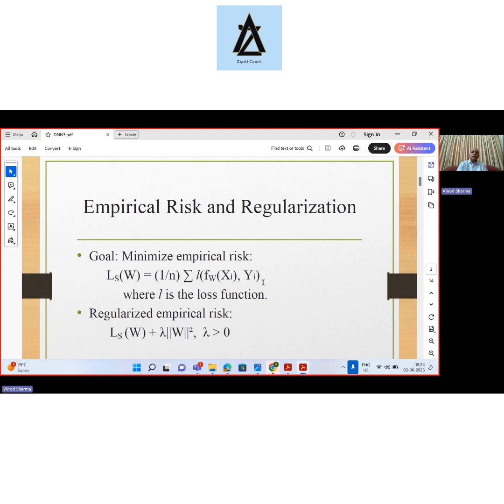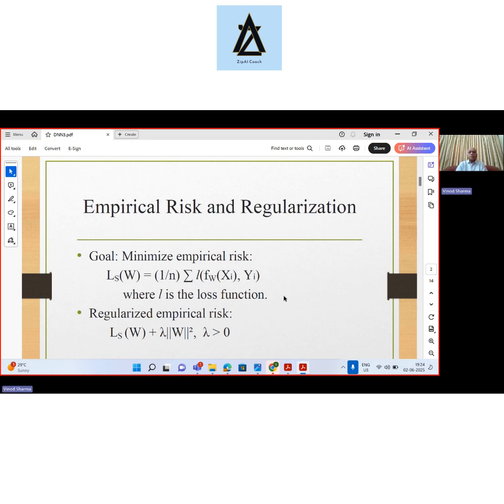We compare that to the actual label yi corresponding to xi in the training set. And then L_S(W) is the empirical risk corresponding to this W. What we need to do is minimize this and find the W which will minimize the empirical risk.